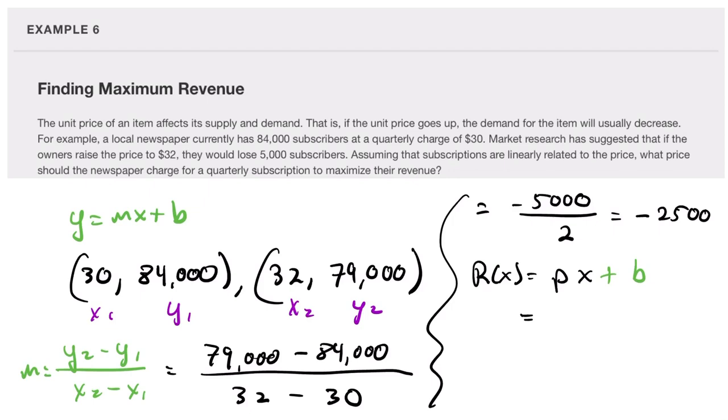Siri, what's 30 times 84,000? 30 times 84,000 is 2,520,000. We're losing that many subscribers for each dollar increase. We know we're trying to solve for B. That price was 30. Yeah, something is still off there.